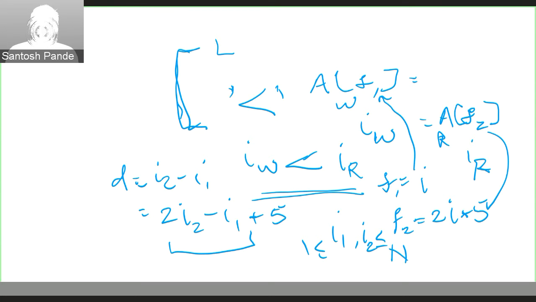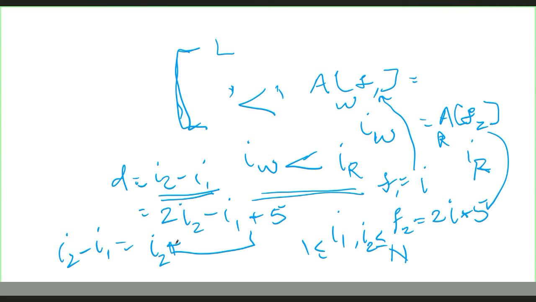Now you can see that as you look at the distance as I2 minus I1, when this function is really satisfied, this I2 minus I1, from this particular equation, is going to be equal to I2 plus 5.